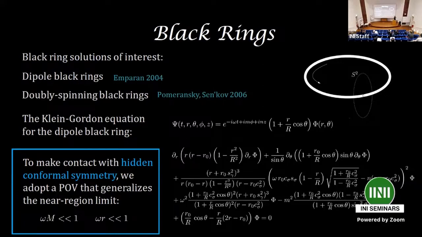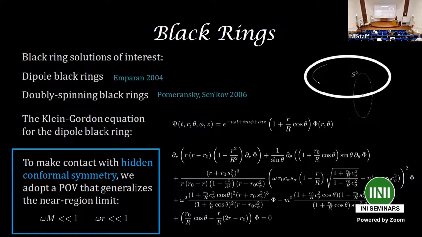This is actually hopefully a question for machine learning people. Towards the end of this talk, I'll talk about future directions. But so far, you don't know whether you have one, but it's very widely believed that black rings do not admit a principal tensor. So there are many black ring solutions.